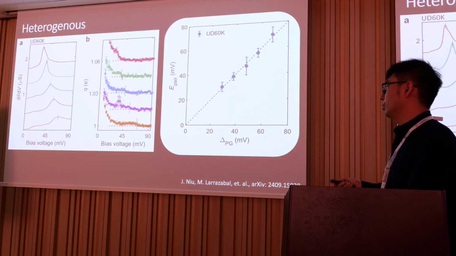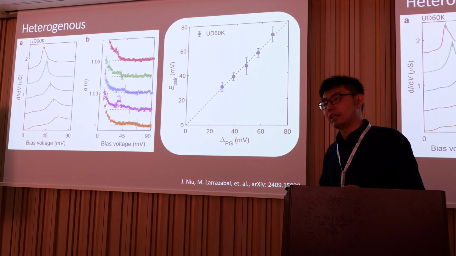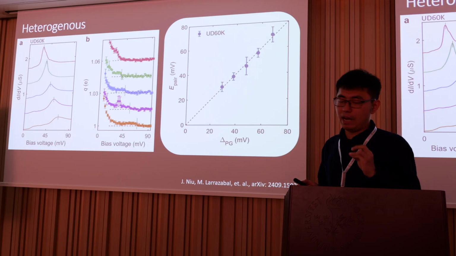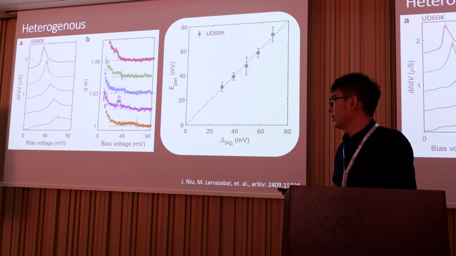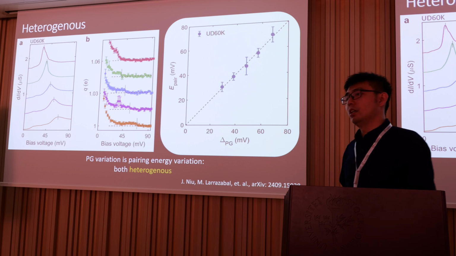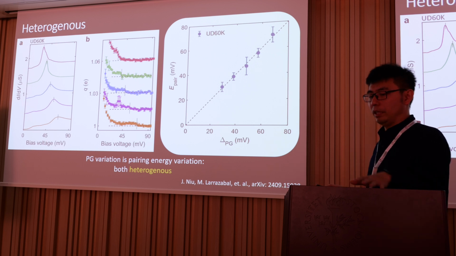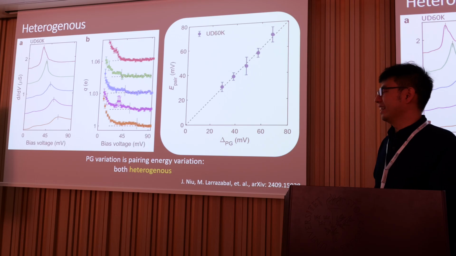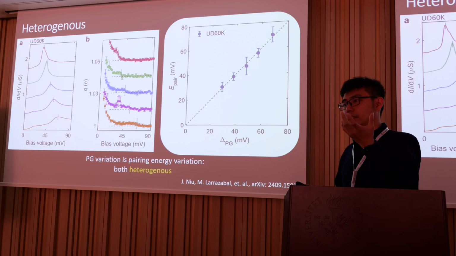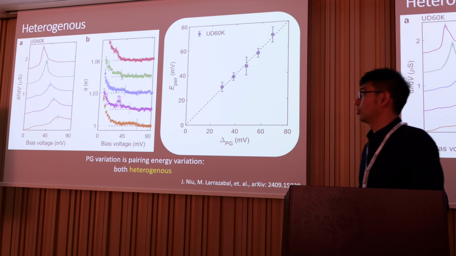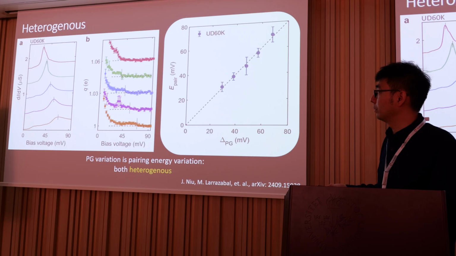So this confirms that you can have pairing at the pseudo gap energy, but it also tells us that your pairing energy is really inhomogeneous spatially. It's really heterogeneous, like the pseudo gap spectrum. So this means that we can directly know the pairing energy from the spectrum at all the atomic areas.